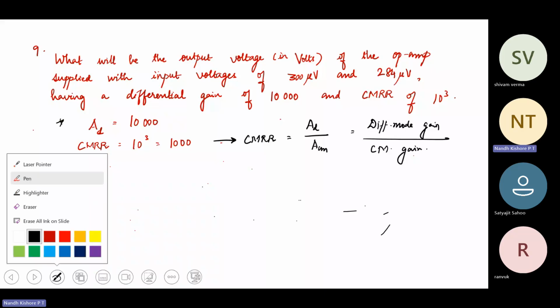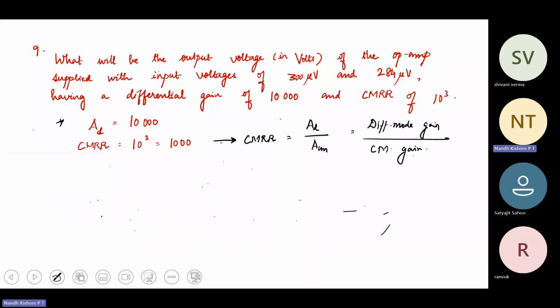So they have given your AD, they have given CMRR, and they have also given V1 and V2, the input voltages. So V1 is 300 microvolts and V2 is 284 microvolts.